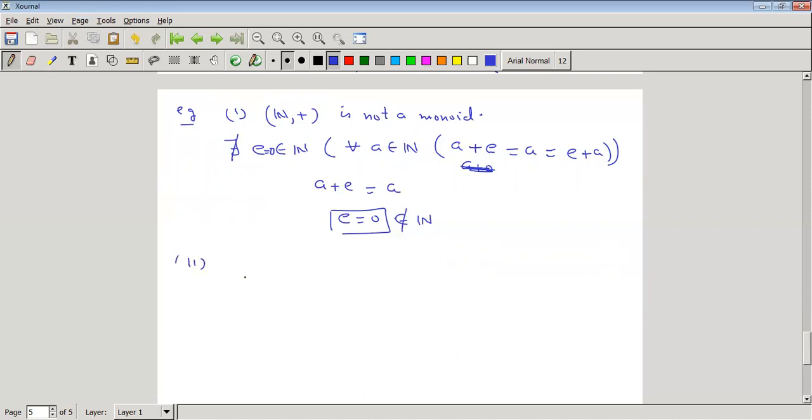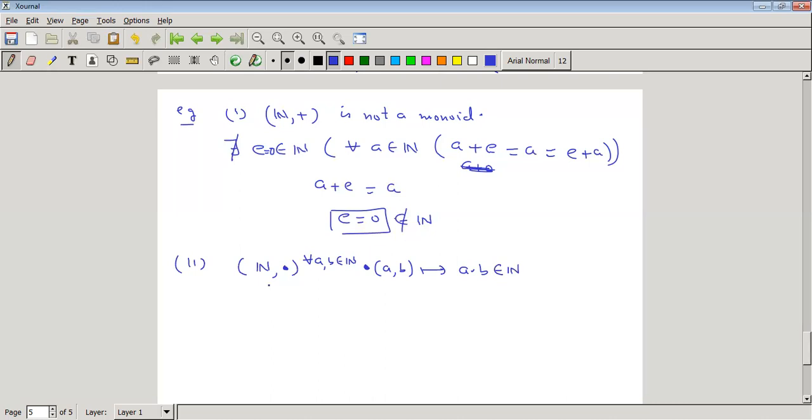Now can we think about the same set with the operation multiplication? Yes, star operation is multiplication. You can take any a, b belonging to N, and define the binary operation multiplication, (a, b) goes to a dot b, and this is again a natural number.